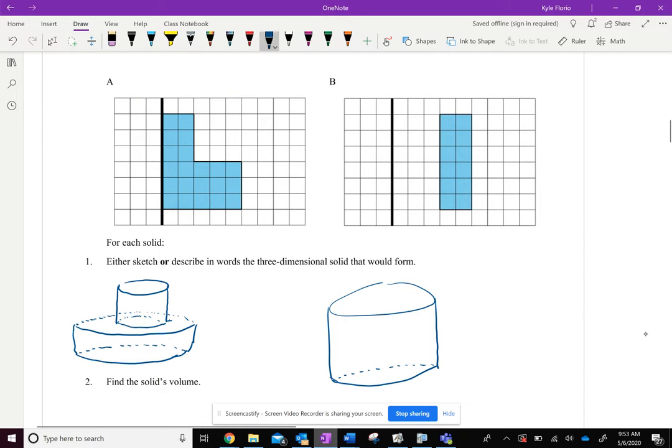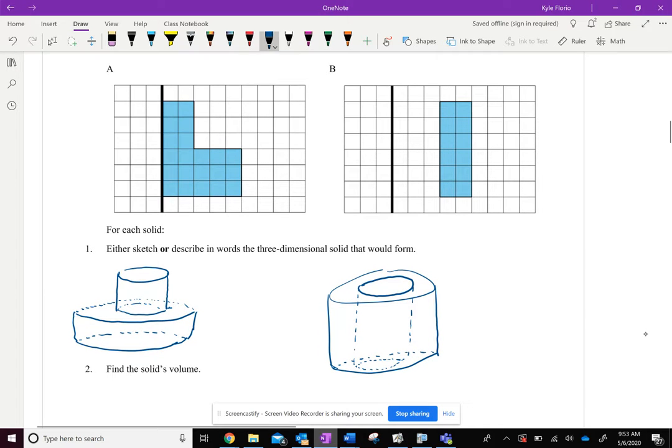Now there's no space in here, so we're going to cut out a little piece of this. And it looks something like that. This region right here gets spun around, and there's no inside to it.